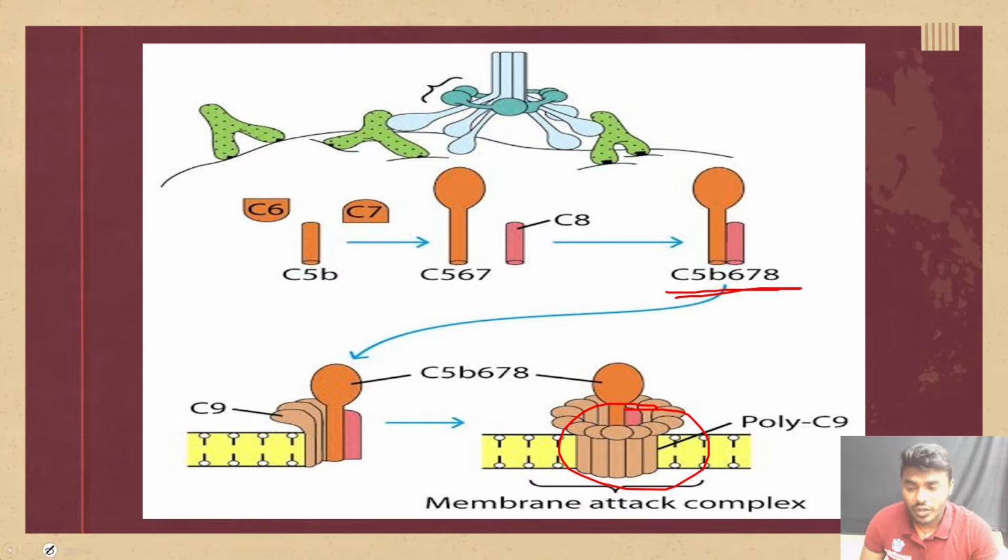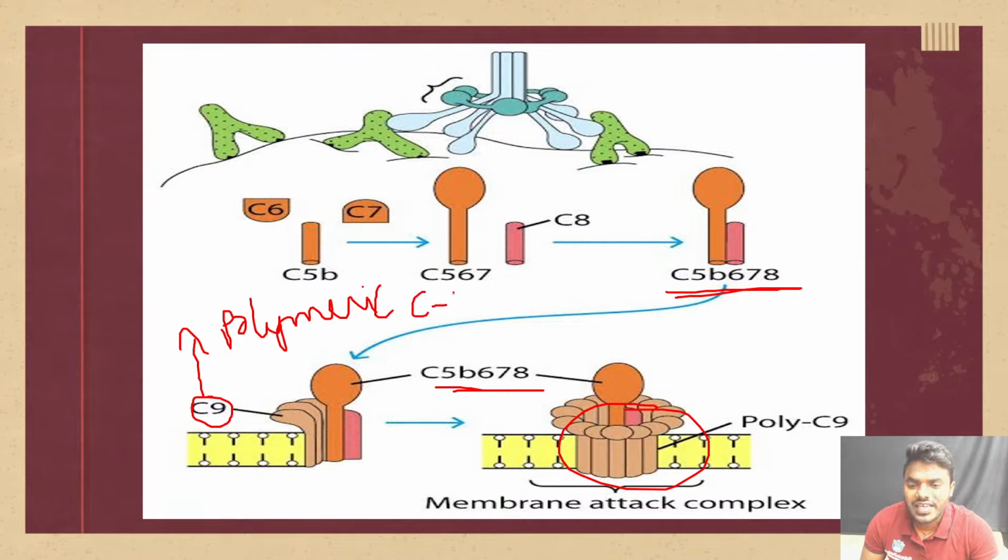Now what I want you people to listen to me here. This particular C5B678 can be associated with a C9 complement molecule. Friends, don't get confused with this. And this C9 complement we can call polymeric C9 or poly C9.